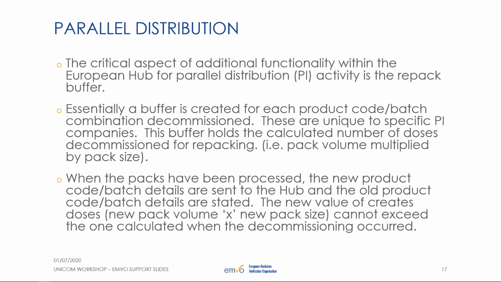That's what is important with this buffer notion. Of course, during repacking, the parallel distributor has to reassign a product code, a lot number, and all the elements that enable the tracking of the drug. All of that needs to be reassigned to the new pack. Next slide.